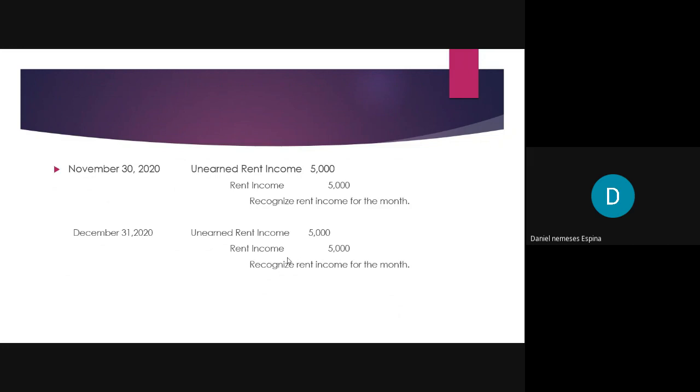So that is to recognize rent income for the month of November. And then the last month, another debit for unearned rent income 5,000 and then you credit rent income again for 5,000. So after December 31, wala na dapat balance ang imuhang unearned rent income because 2 months have already passed. So you are now good to recognize those as your income.